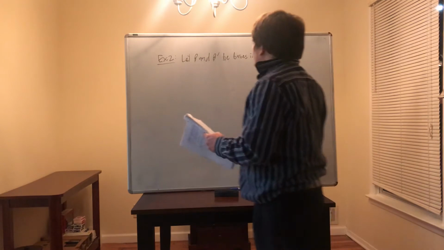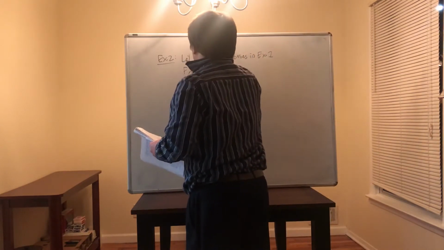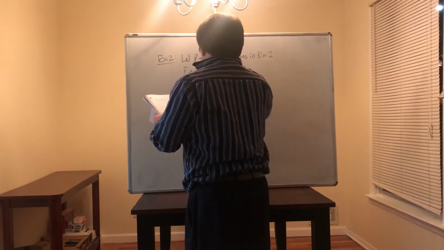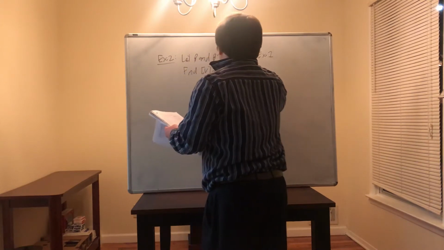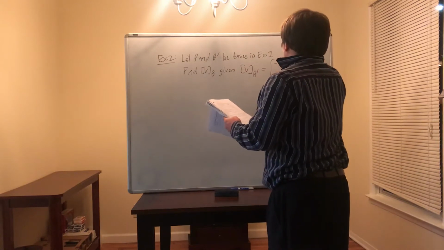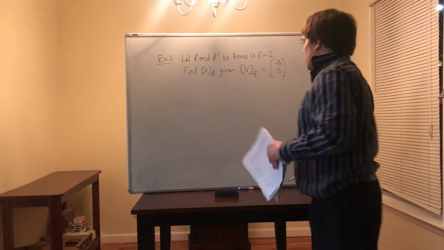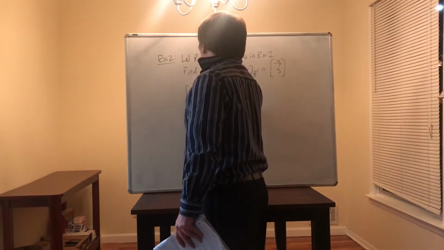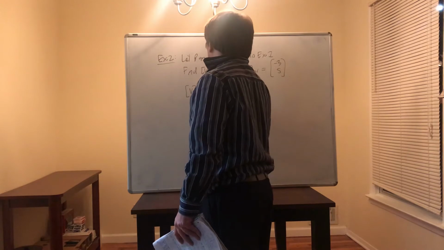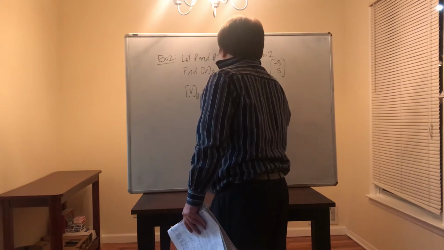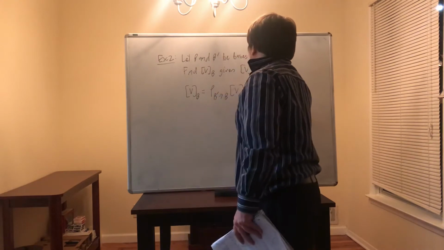And so I'm going to find the coordinate vector of V relative to B, given that the coordinate vector of V relative to B prime is equal to (-3, 5). So we have the equation that the coordinate vector of V relative to B is equal to the transition matrix from B prime to B times the coordinate vector of V relative to B prime.